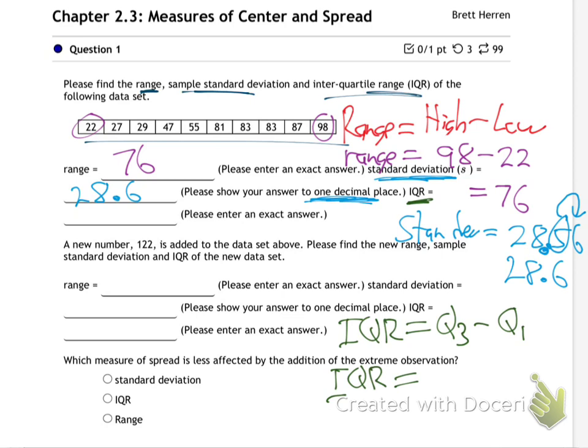What is it? 83, thank you, minus 29. You guys getting that on the calculators? 83 and 29 for Q3 and Q1 should be there after you do stat, calc, enter, then down arrow. We did those before. What's that difference? 54, right? So the IQR is 54.